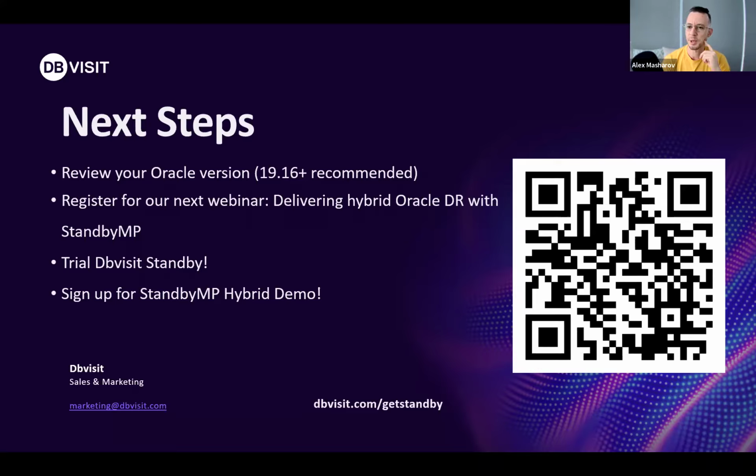So the first question is, what happens to the TDE password that was used during the creation of the primary database in OCI when configuring Dbvisit? So Vijay, you can take that one. Yes, thanks for that question. Since we delete the entire encryption keys and drop the database, those keys will no longer be used.